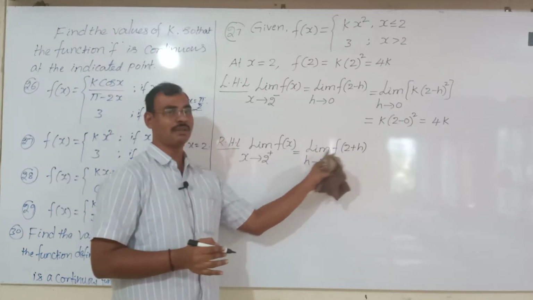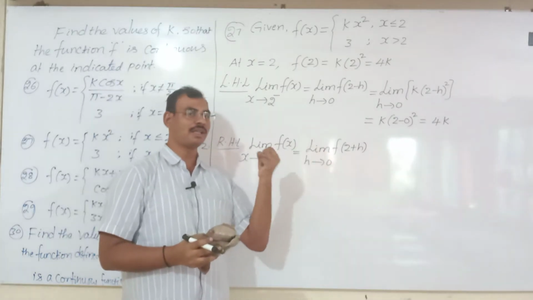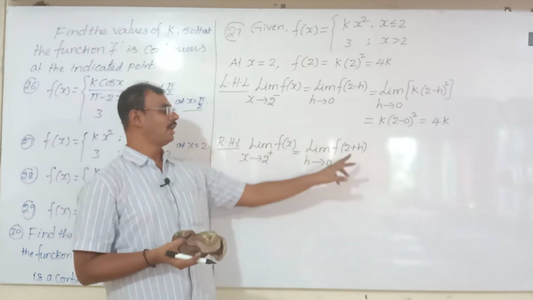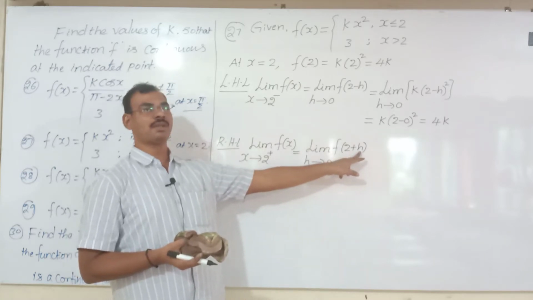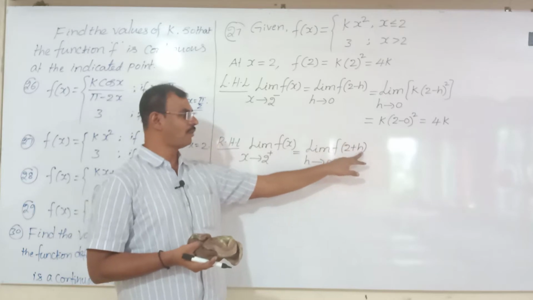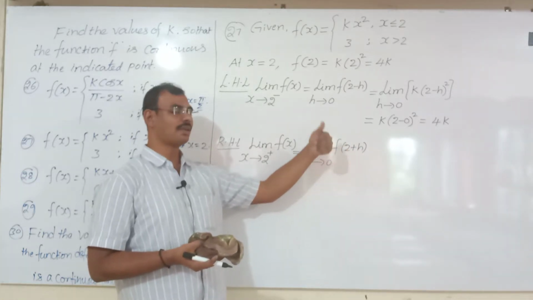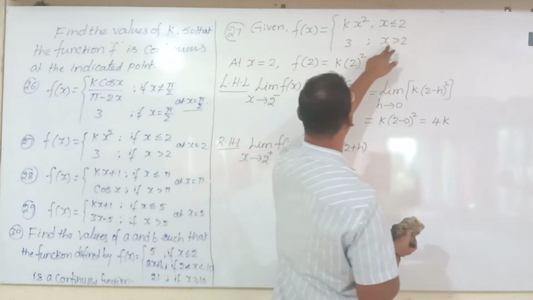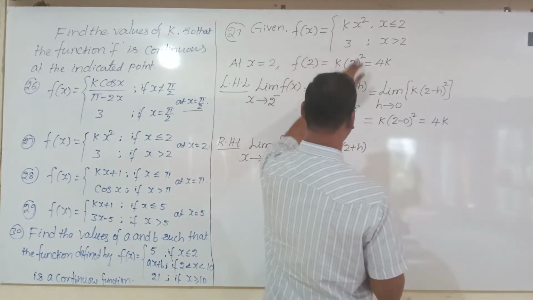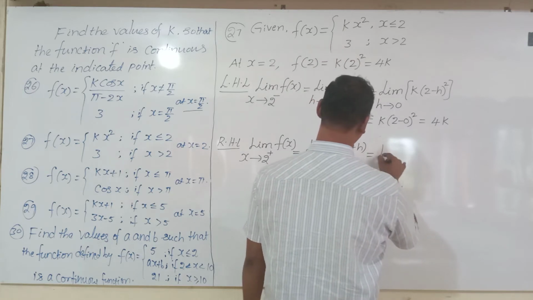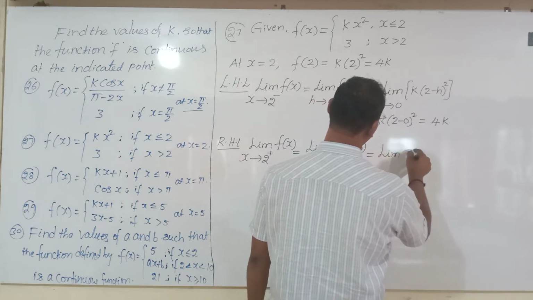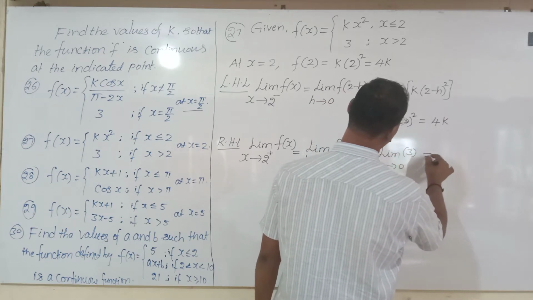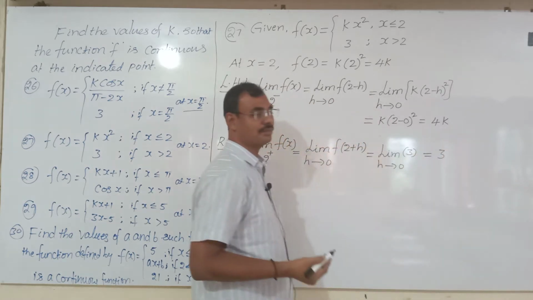It gives the same meaning. 2 plus some number, that is a small quantity. h is always a small quantity, remember. It is a positive number that lies between 0 and 1. So if you add a small number, 2 plus something means it is more than 2. When x is more than 2, what is the function? The function value is 3. This equals the limit of 3 as h tends to 0. The limit of a constant is the constant, so we get 3.